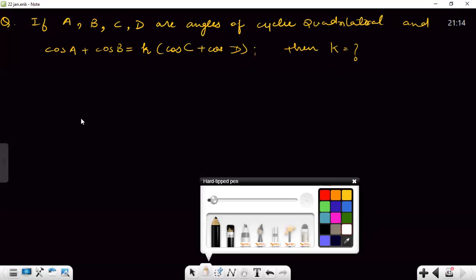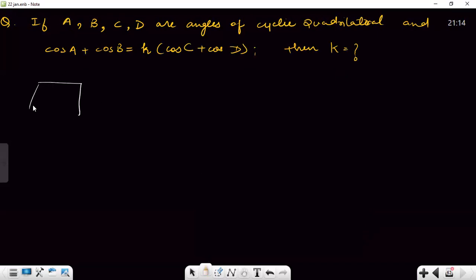What we know here for sure is that the opposite angles, let's say the quadrilateral is ABCD, sum to 180 degrees. A plus C is 180 degrees. So from here we can write angle C is 180 minus A. Similarly for B and D also.